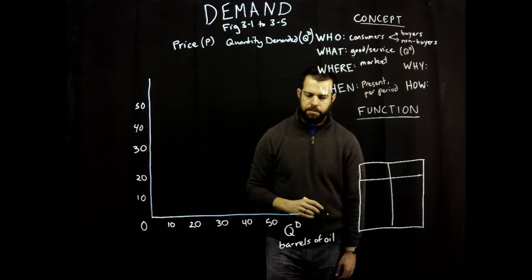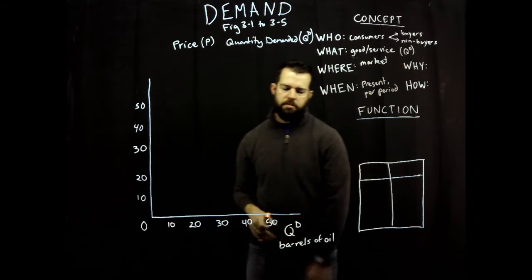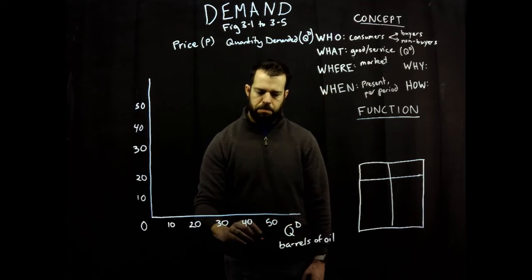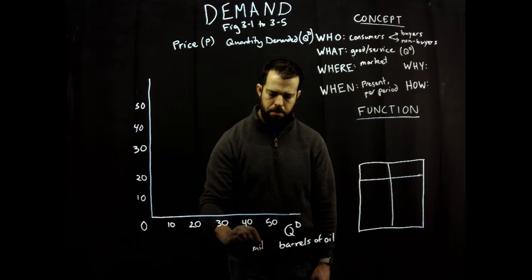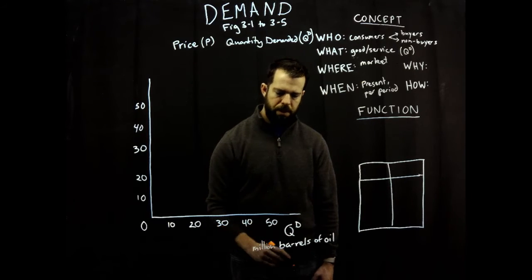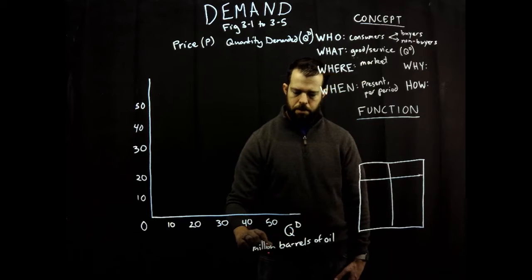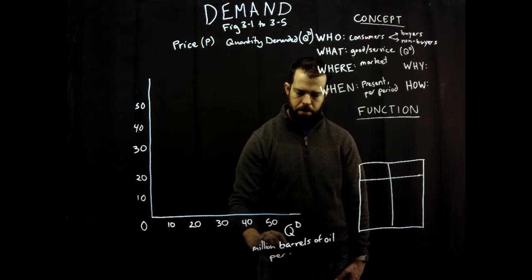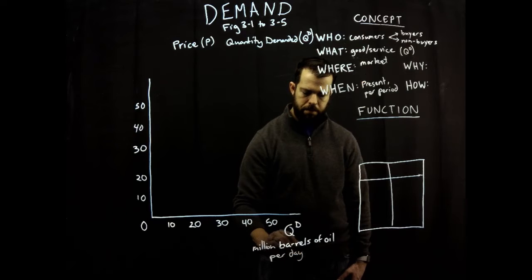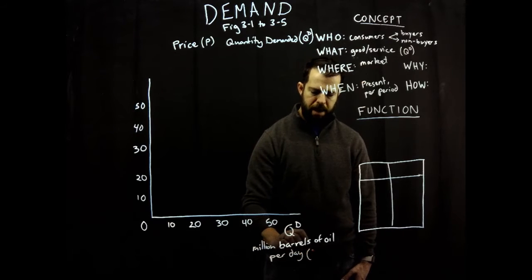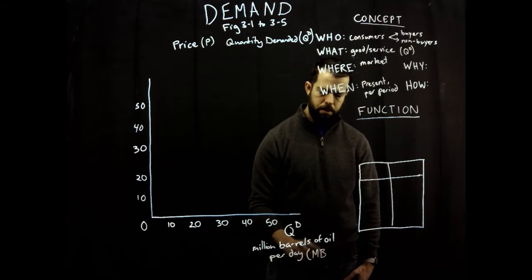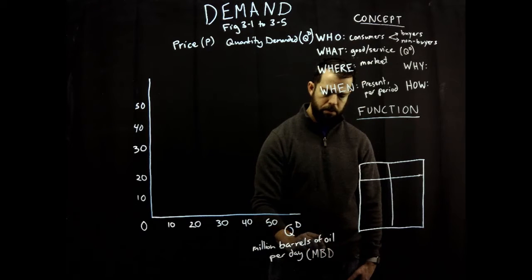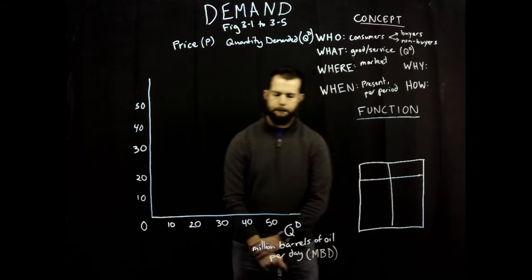Okay? And so this quantity demanded is actually going to be expressed in million barrels of oil per day. Okay? And we can shorten this with the acronym MBD, million barrels of oil per day.